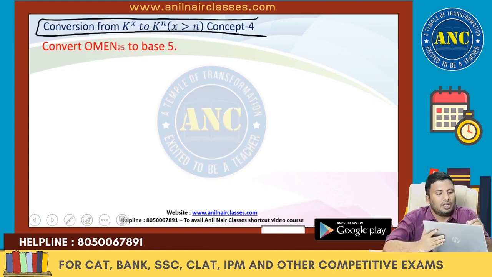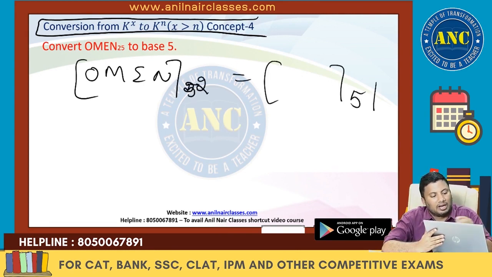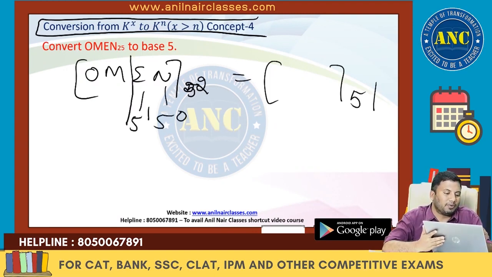These letters, OMEN. It is 25, 5 square. I require 5 power 1. Take a group of 2 digits and do it. So it is 5 power 0 and it is 5 power 1.